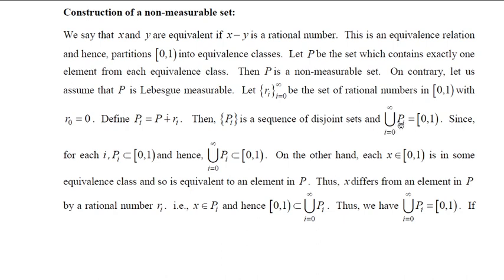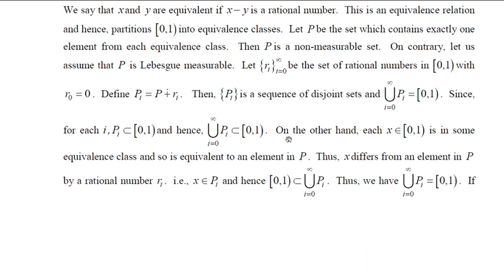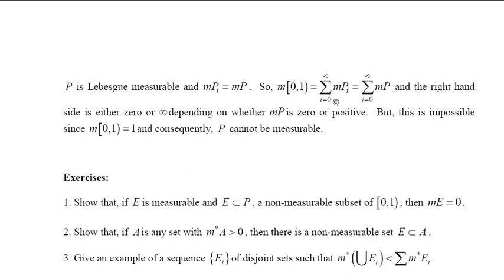Since these are disjoint, we use a result which says if these are disjoint, then the measure of the union of Pi is the summation of the measures of Pi. So by that result, the summation over i from 0 to infinity of m(Pi) is equal to this. But since this is translation invariant, the measure of Pi is the same as the measure of P.